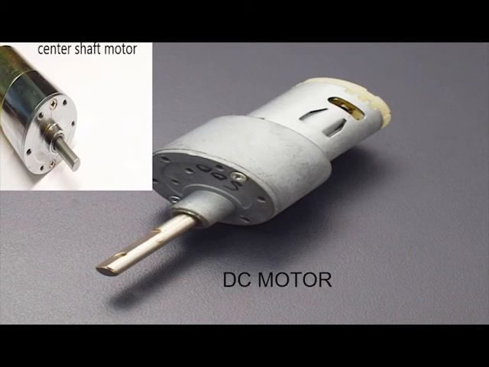They can be classified into two types, namely center shaft and side shaft. The shaft of a motor is a mechanical component for transmitting the torque and rotation. It extrudes out of the motor where the wheels can be attached via screws. The center shaft motors, as the name suggests, extrude out of the motor centrally.